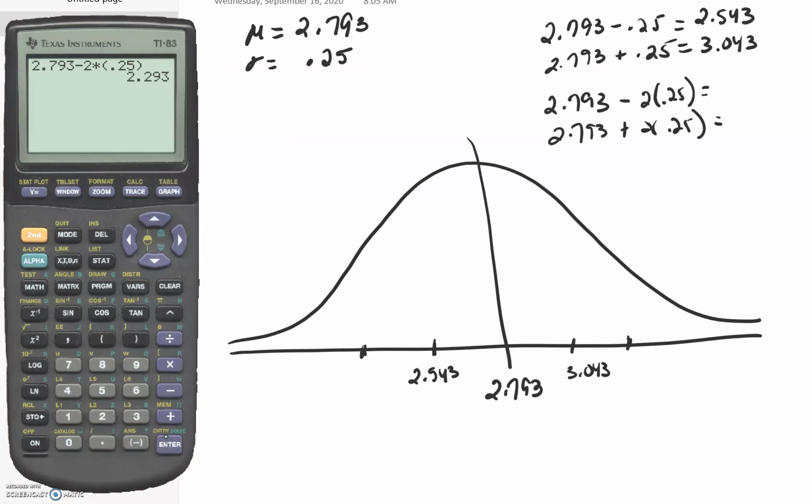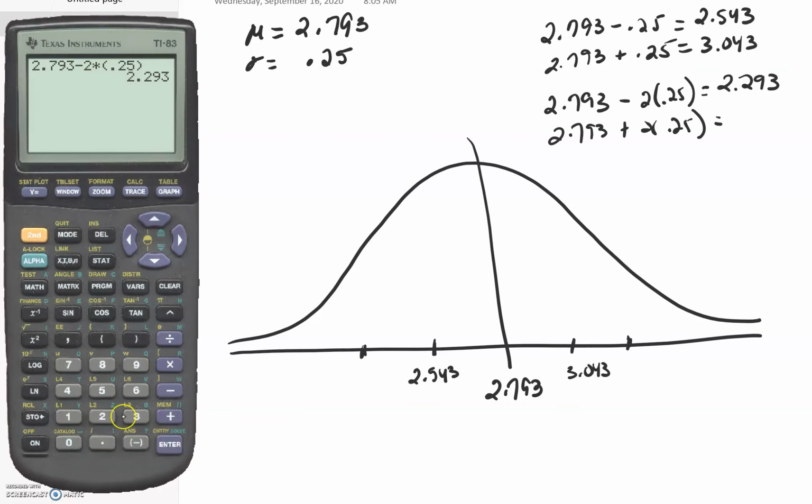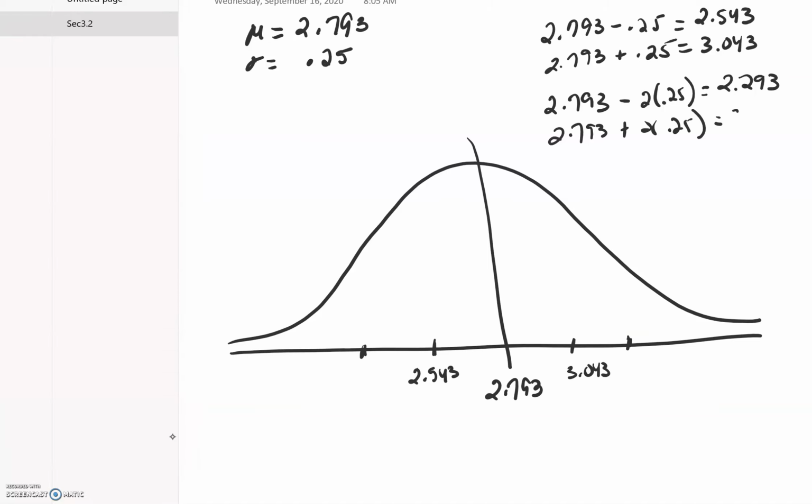I get 2.293. Make sure you're trying this on your calculator and you're getting the same numbers as me. 2.793 plus twice the standard deviation, and I get 3.293. All right, so that goes here. 3.293 and 2.293. Finally, 3 standard deviations out.